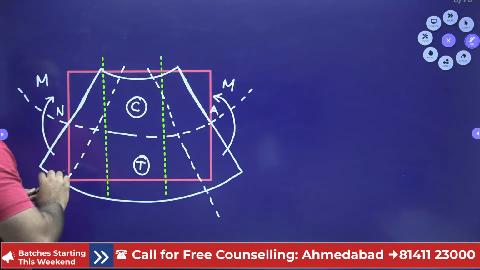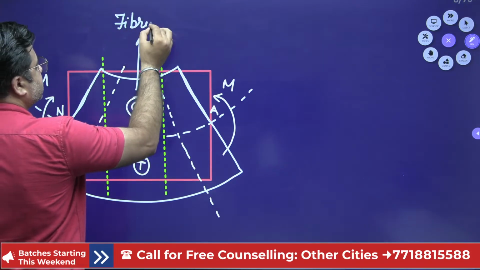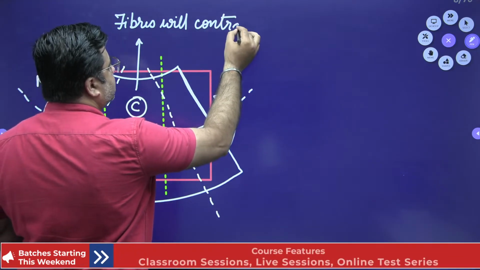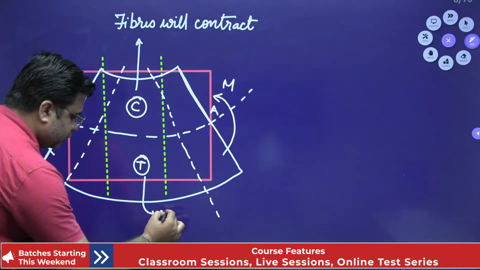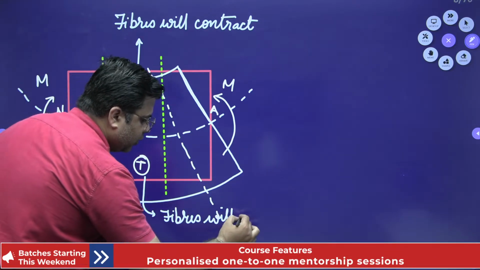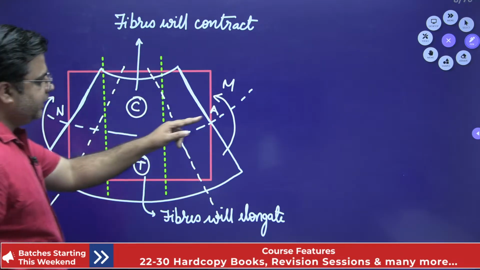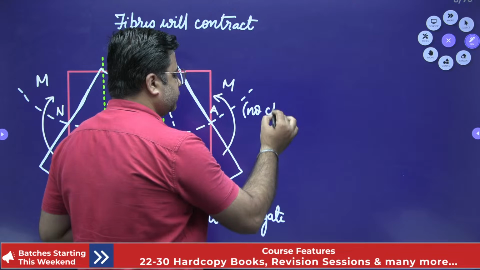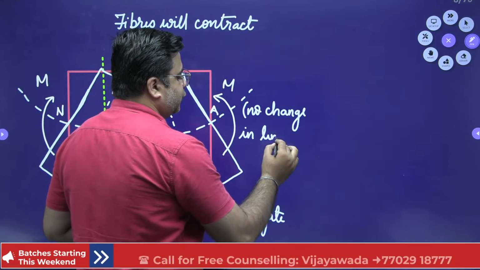If I talk about compression, the fibers will contract. And for tension, fibers will elongate. And for neutral axis, there is no change in the length of the fiber.